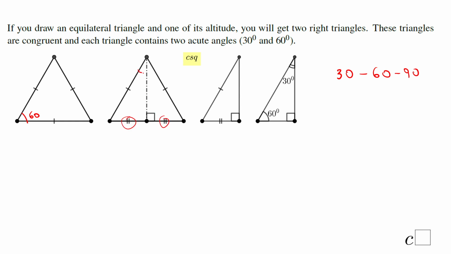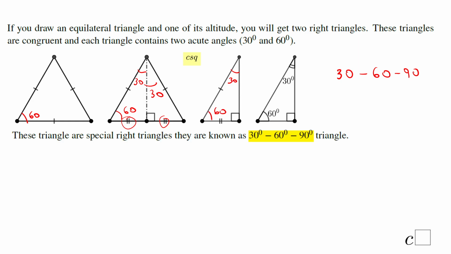And it also is the angle bisector, and it's going to cut this angle in half, and you're going to have these two angles that are 30. So that's the reason we have this very special triangle, which we call 30, 60, 90, which has a rule right here.